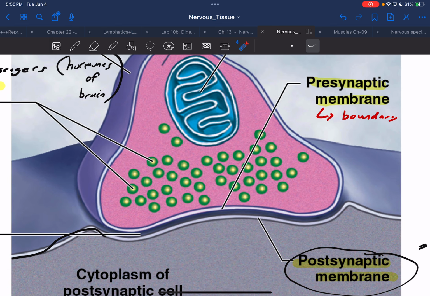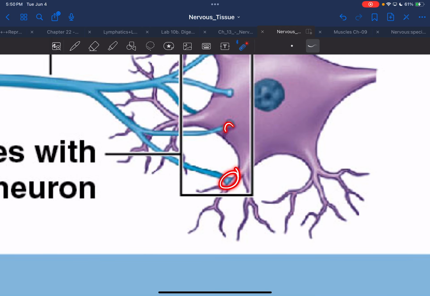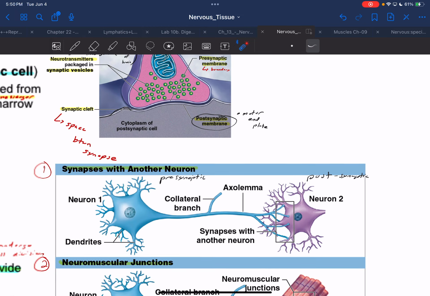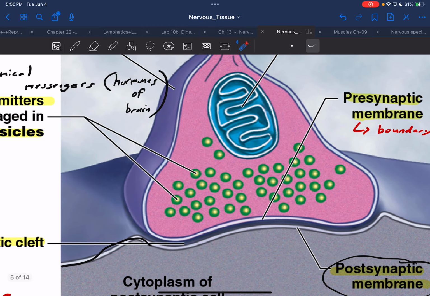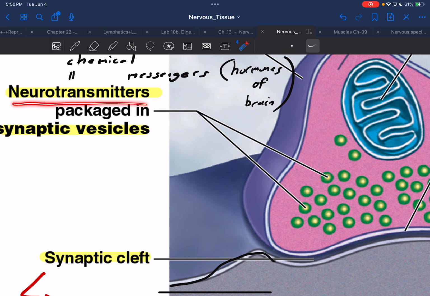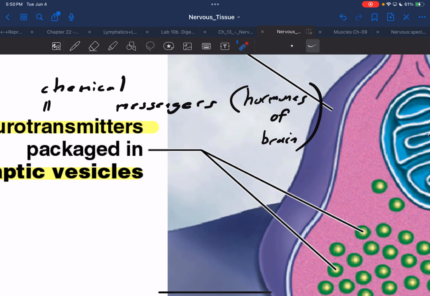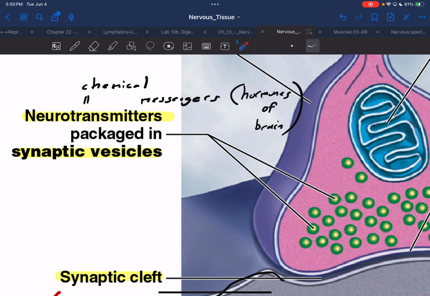Inside of these little axon terminals, all of them, as you see them, possess synaptic vesicles that contain neurotransmitters. And neurotransmitters are chemical messengers and, like I said, hormones of the brain.